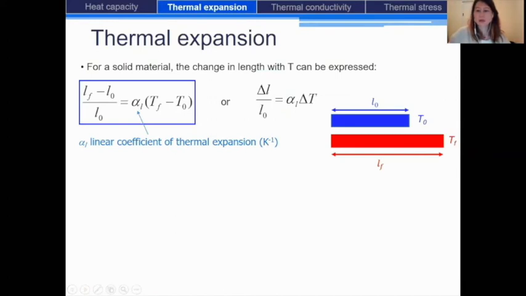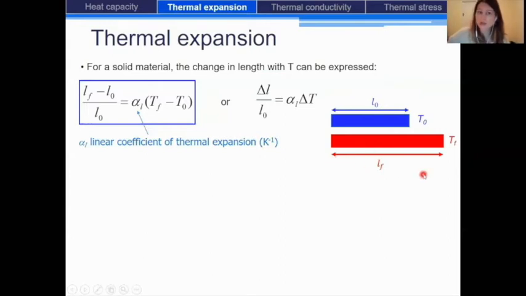So if we consider a bar of a solid material which has length L0 at initial temperature T0, and we heat it up so this material reaches the temperature TF, the final temperature, we will observe an increase of the length of this bar. So the final length will be LF.